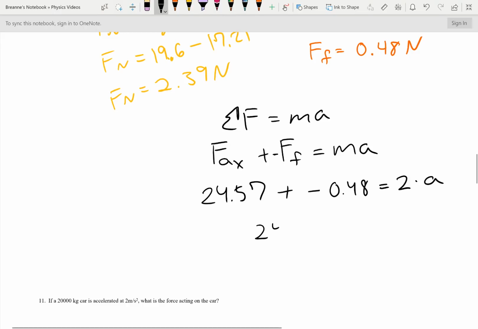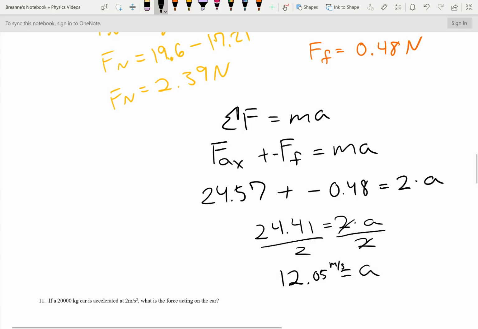That gives us 24.41 equals 2 times our acceleration. It's being multiplied. The opposite of multiply is divide. What you do to one side, you have to do the other. So we're going to divide that by 2, and we get 12.05 meters per second squared as our acceleration.